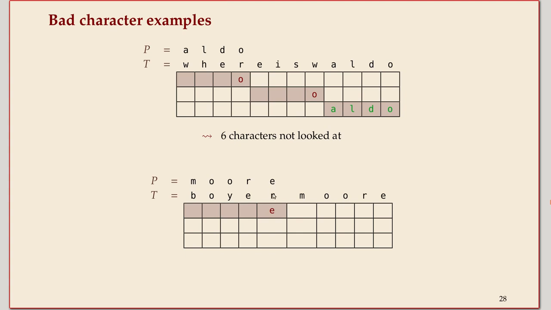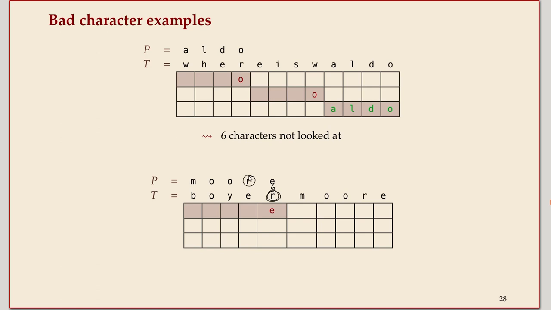In the second example, we again do the checks from the right. We find our mismatch, and R is the bad character in the text that we couldn't align here with the E, but there is an occurrence of R in the pattern.